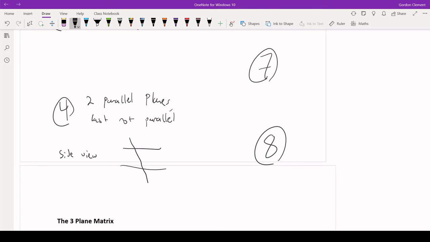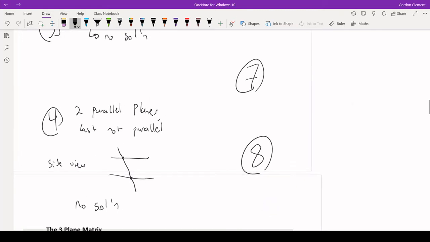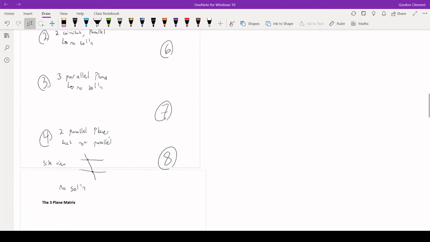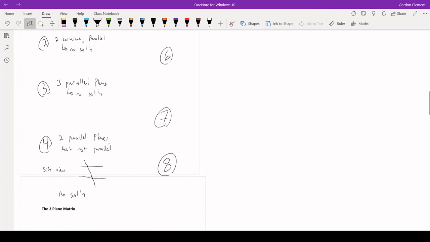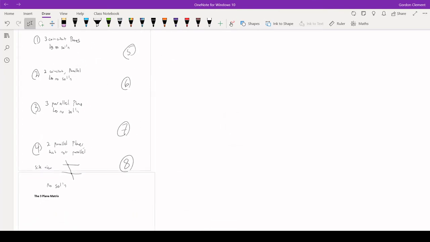We'd have the third plane that sort of cuts through both of them. So there'd be a line of intersection going through. That's just looking at the very edge of the plane, but imagine it's stretching forever, like through the page. There'd be a line of intersection between those 2 planes, but there's no points that are on all 3 planes. So we can right away say that there's no solution, because as soon as you have 2 planes that don't touch, then for sure all 3 planes won't all touch at the same time. So no solution there.